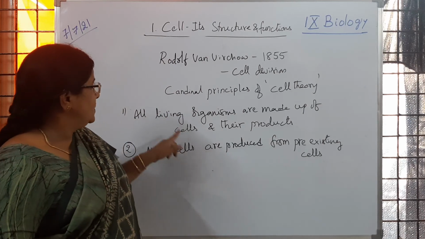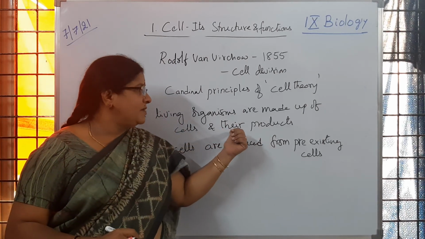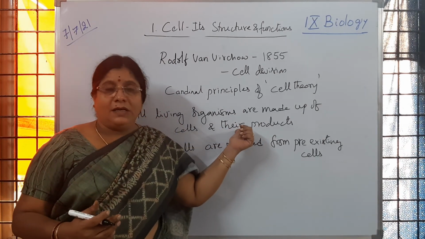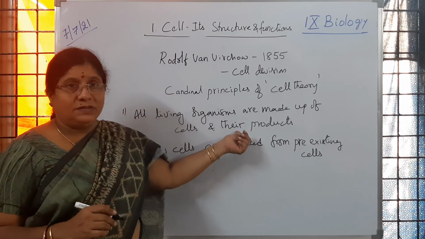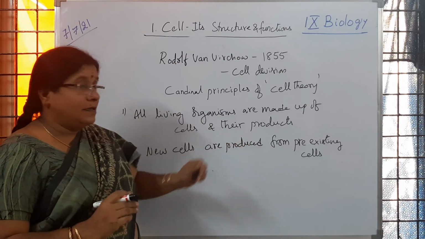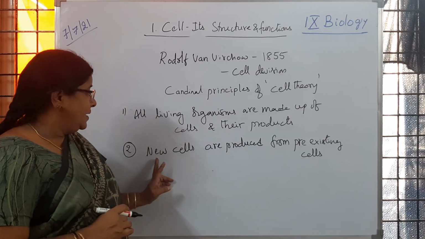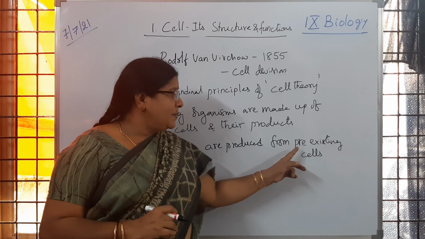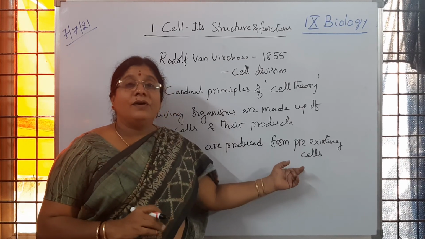Is it clear to you? So all living organisms are made up of cells and their components. We know that unicellular and multicellular organisms are made up of cells only. Then new cells are produced from pre-existing cells. So what do you understand with that?